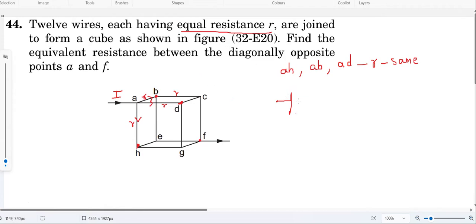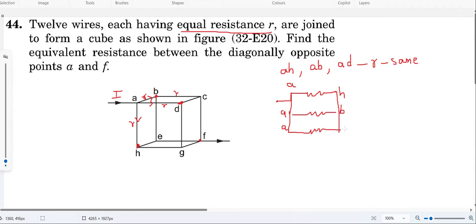So from A, I somehow can write like this. So definitely, sorry guys, all these points are A. These, HBD, are also same.